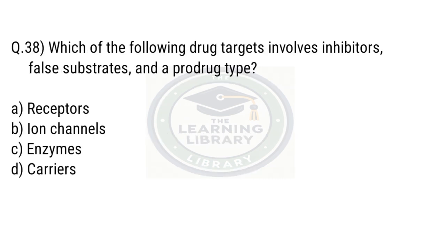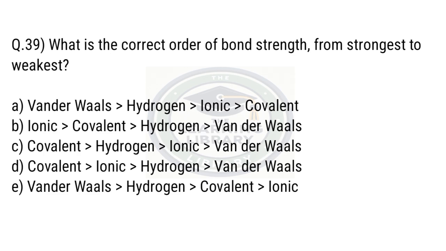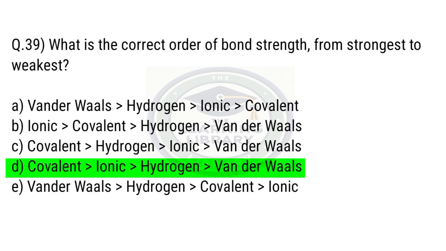Question number 38. Which of the following drug targets involves inhibitors, false substrates in a prodrug type? The right answer is option C, enzymes. Question number 39. What is the correct order of bond strengths from strongest to weakest? The right answer is option D. Covalent is stronger than ionic, and ionic is stronger than hydrogen, and hydrogen is stronger than van der Waals forces.